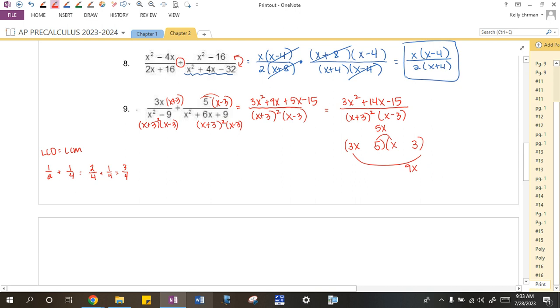Oh, but you know what? This is tricky. It only gives me 14 if those are both positive or both negative, but I need a negative 15 here. So it can't be that these are both plus. One of those needs to be minus. So very close to being factored, but it's actually prime.